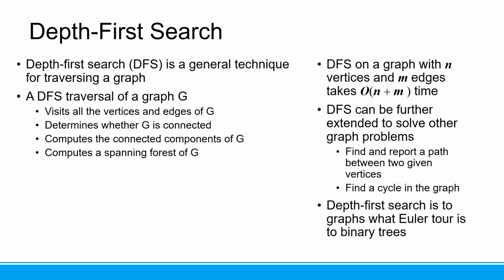So from this concept, we are going to learn about depth first search. Depth first search is a general technique for traversing a graph. If you look at the concept of the rooted tree, do you still remember in-order traversal? Do you still remember pre-order traversal?